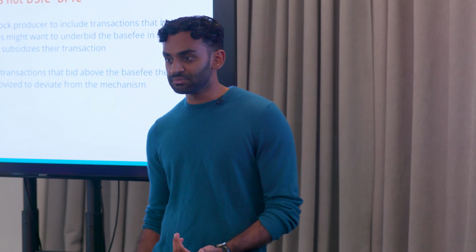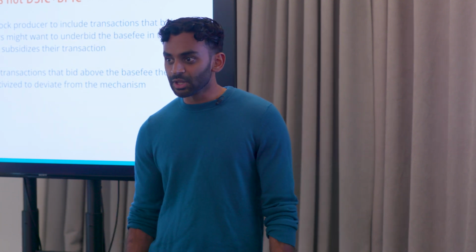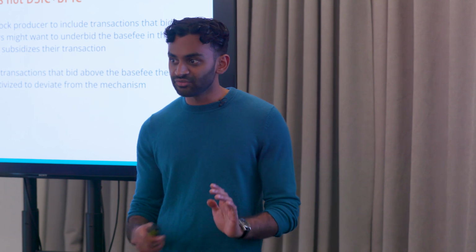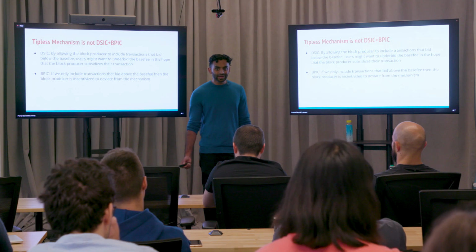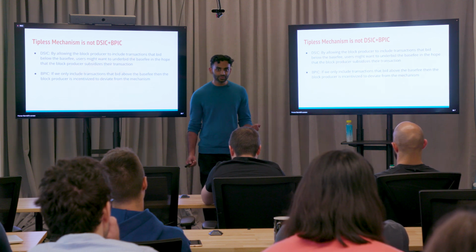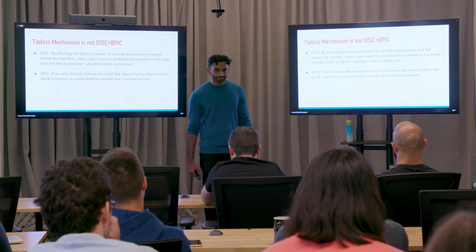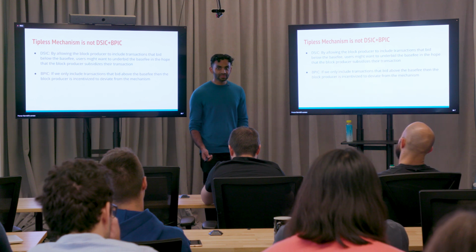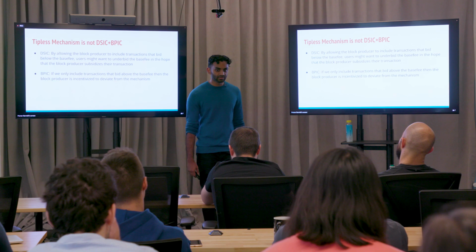But now we break BPIC because the block producers aren't incentivized to exactly follow this mechanism. And you can imagine that you get something like option agreements, where users still have to play these games, and they might form side contracts for the builder to get around having this base fee be set.